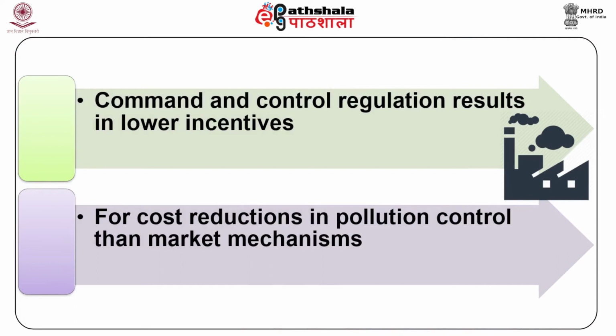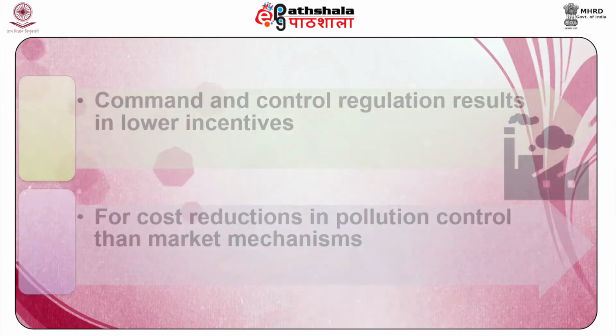Milliman and Prince in 1989 argued that emission taxes provide higher incentives for the firms to innovate cleaner technologies than emission subsidies or certain forms of tradable permits or uniform standards. The most commonly practiced pollution policy of command and control regulation results in lower incentive for cost reductions in pollution control than the market mechanism.